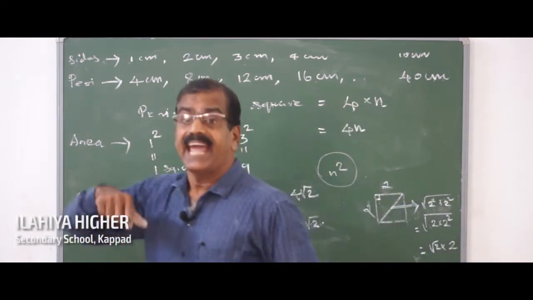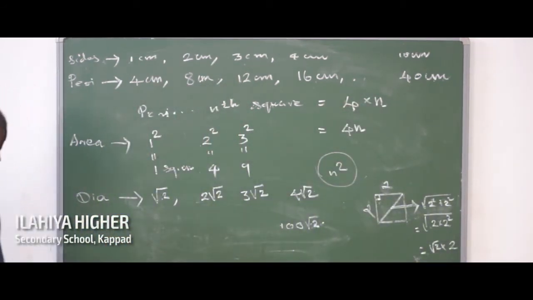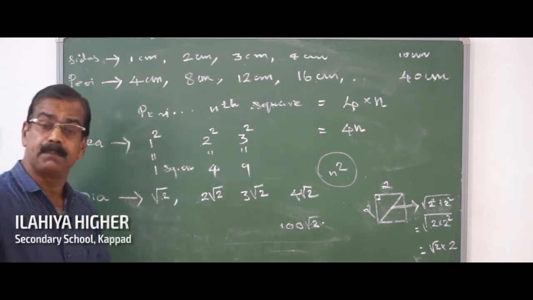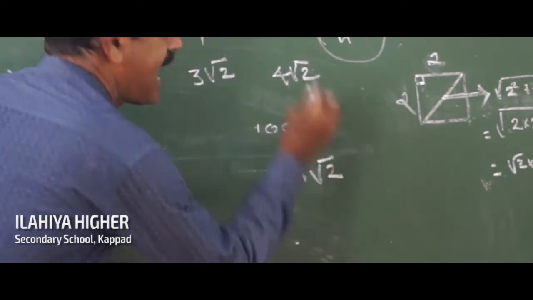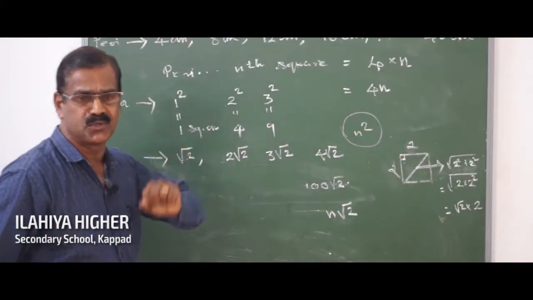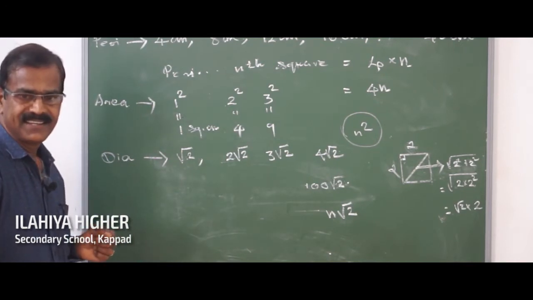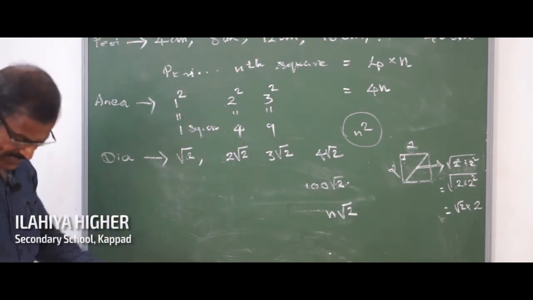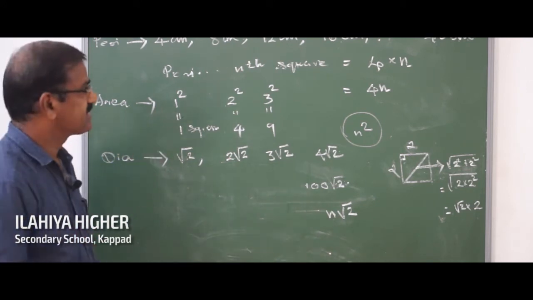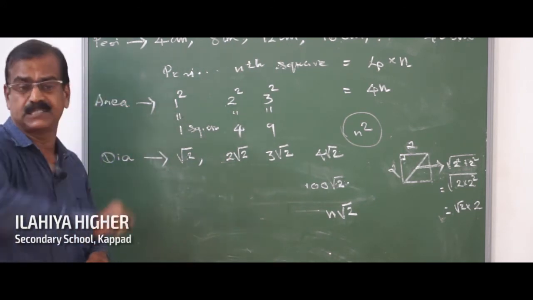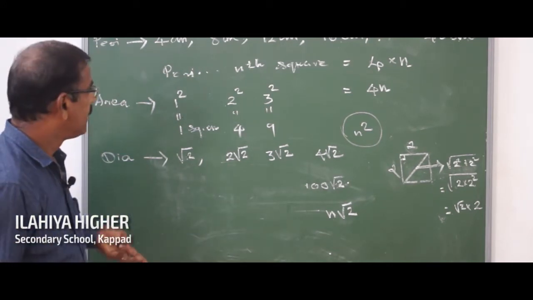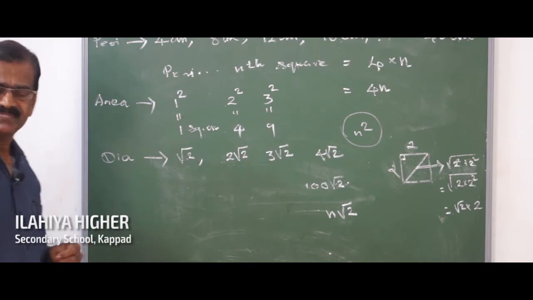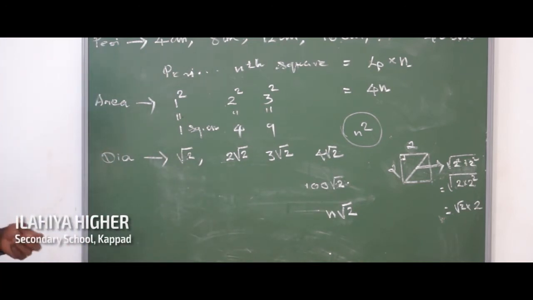So if the length of one side of the square is n, then no doubt it is n times root 2. Now we have found out the algebraic expression or the nth form of the sequence explained here. Okay.